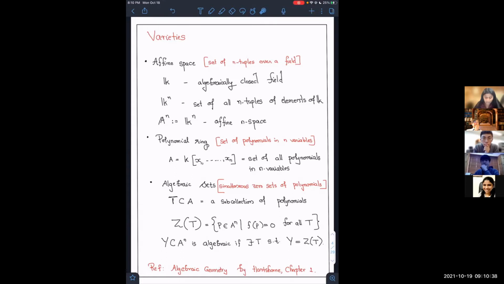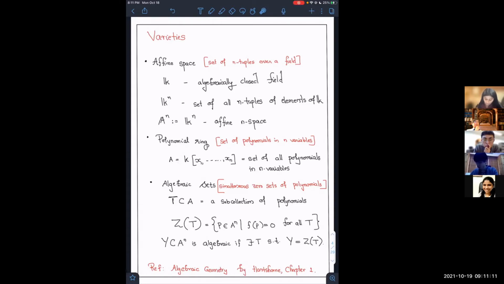And then the polynomial ring related to this space: if we are taking n-tuples of points, we want to look at polynomials in n variables, right? That's the maximum number of variables that we can plug the point into. This is the polynomial ring we are working with, the set of all polynomials in n variables over the field.